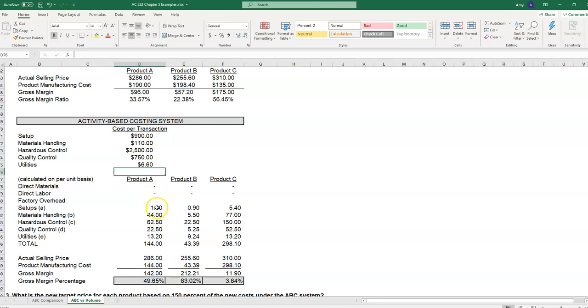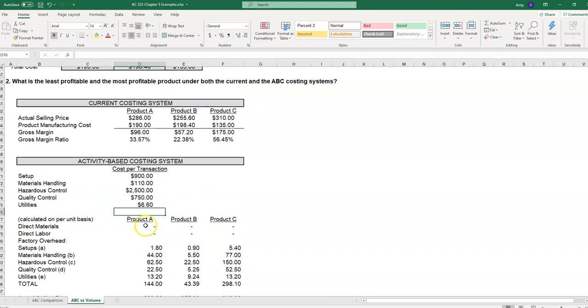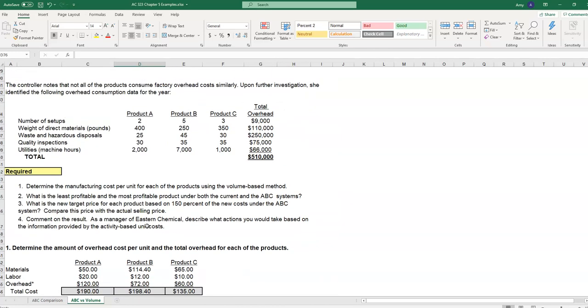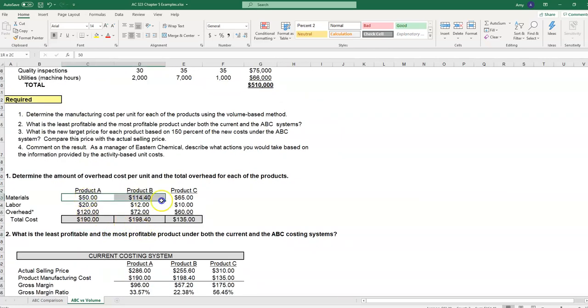So now we have overhead allocations for each of our product lines based on the activity-based costing methods. What we need to add are direct materials and our labor costs.